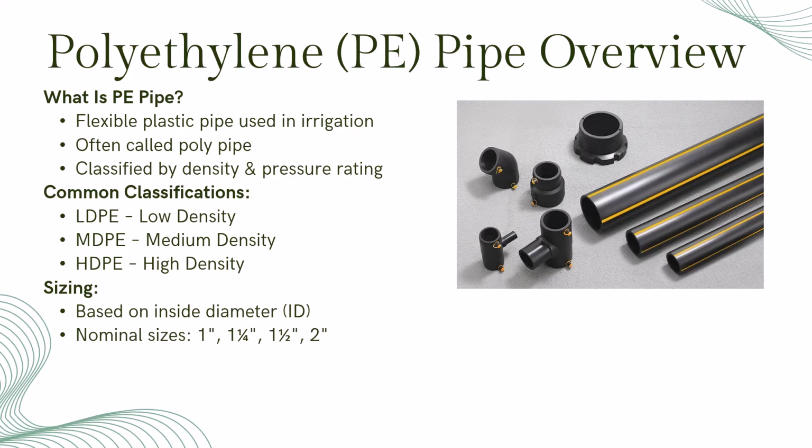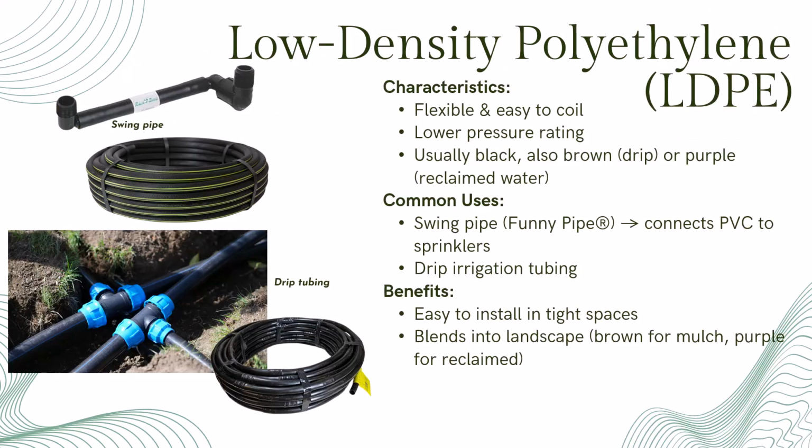And here's something important. PE pipe is sized based on its inside diameter, not the outside diameter like PVC. Common sizes for irrigation are 1 inch, 1 1/4 inch, 1 1/2 inch, and 2 inch. We'll go deeper into each type, LDPE, MDPE, and HDPE, because each has different strengths and uses in the field.